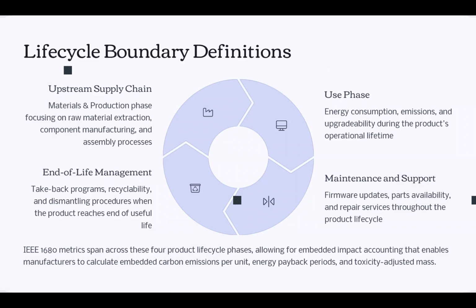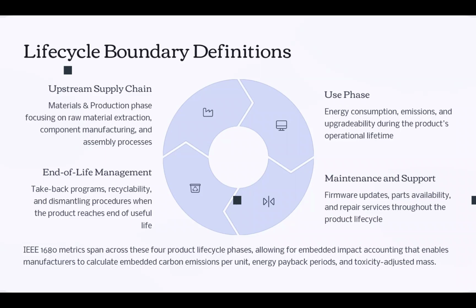So first, you've got the upstream supply chain, where there's raw material extraction, component manufacturing, and assembly. This is where materials like metals, plastics, and chemicals are sourced and processed. Now, next comes the use phase.